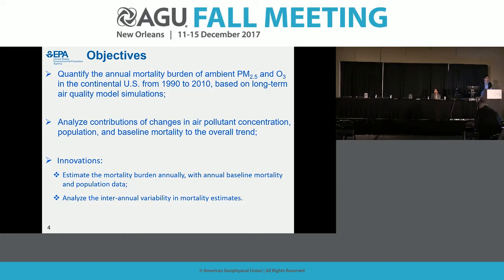Then we analyze the contributions of the changes in air pollutants, the baseline mortality, and the population to the overall trend. There are several innovations in our study. First of all, we estimated the mortality burden by using the annual county-level baseline mortality rate and the county-level annual population data. And then we analyze the interannual variabilities of the mortality.